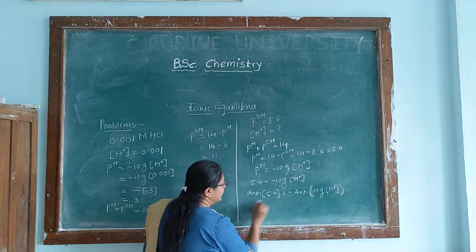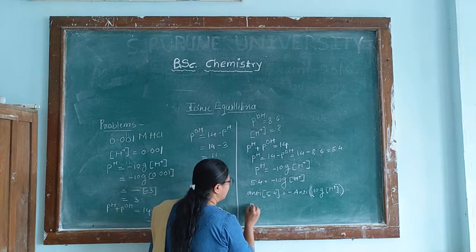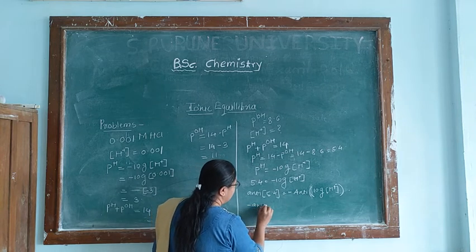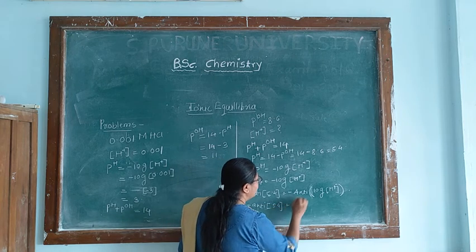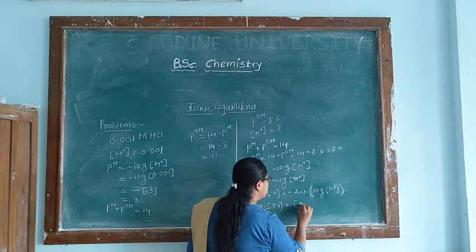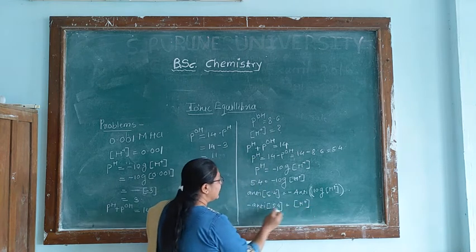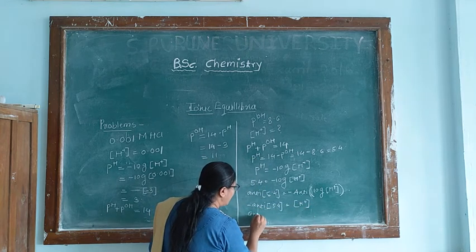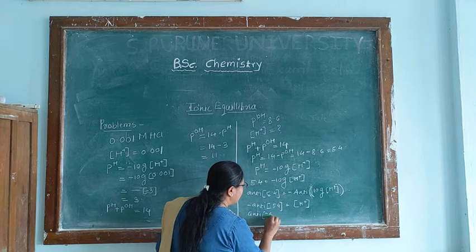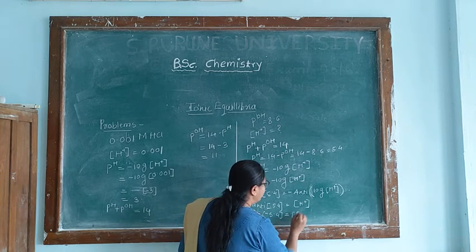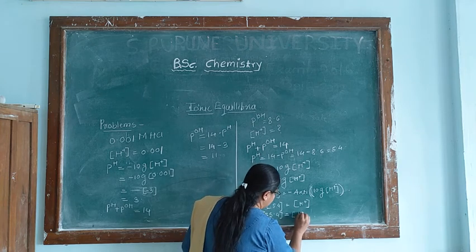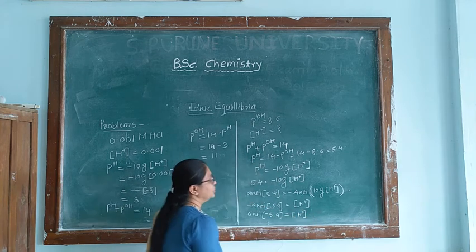Therefore this negative sign I am taking on this side. Anti-log of 5.4 is equal to, this gets cancelled, so only H plus ion concentration. Taking this negative sign inside, so anti-log of minus 5.4 is equal to H plus ion concentration.